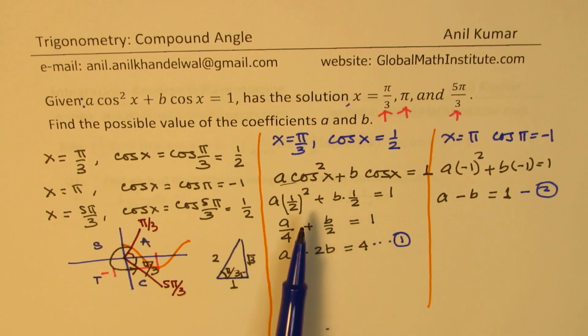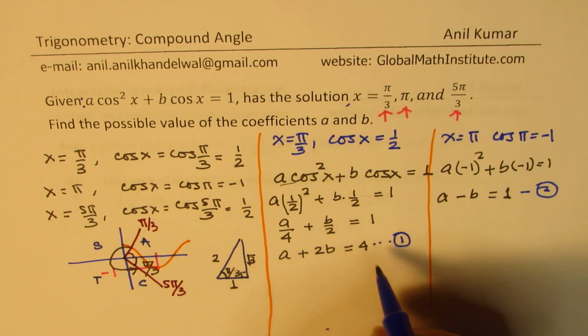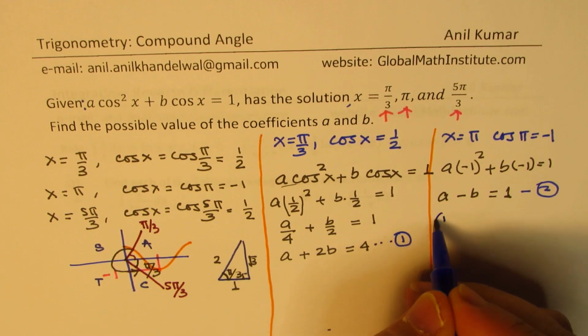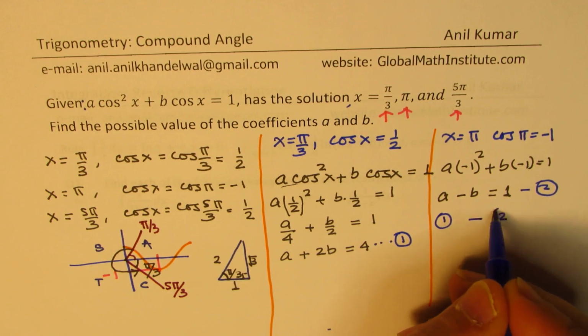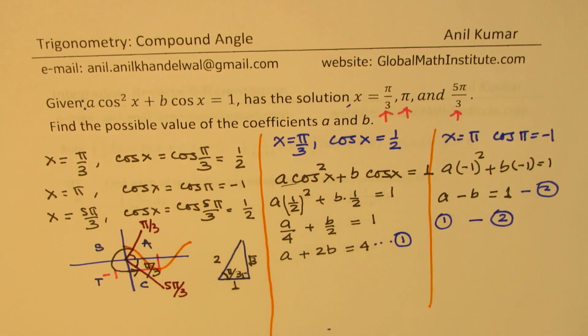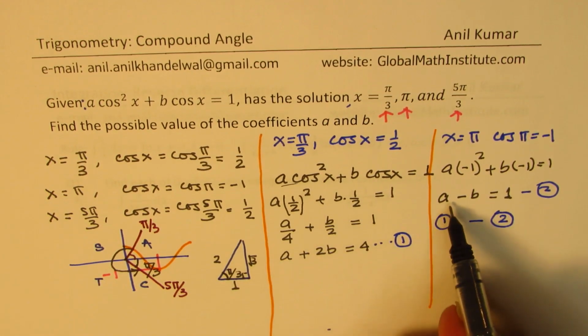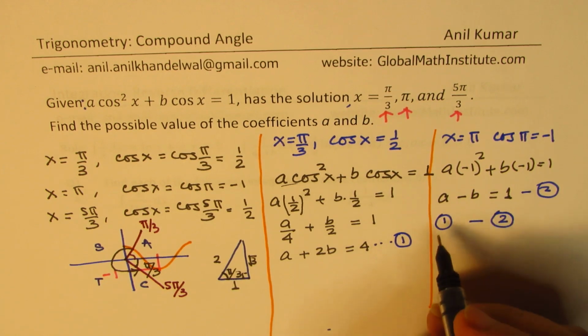Here we have equation 2, and here we have equation 1, a plus 2b equals 4. So simple math, let's do equation 1 minus 2, right? So we'll do equation 1, take away equation 2. As soon as we do that, a minus a is 0, and that gives you 3b, right?